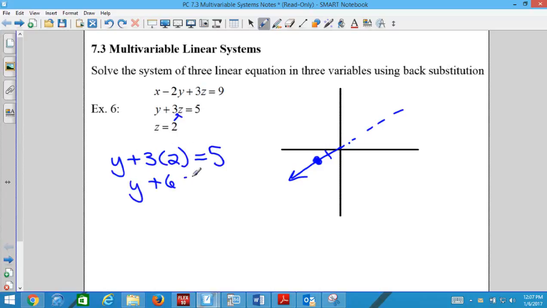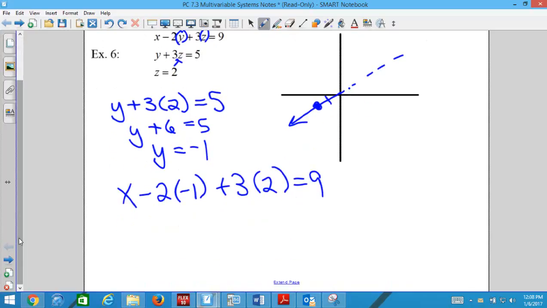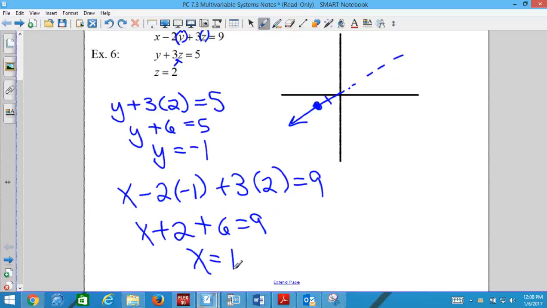So y plus 6 is 5, so y has to be -1. And if I already know that z is 2 and y is -1, I can plug those into the original top equation, for y and z. So I'll have x minus 2 times -1 plus 3 times 2 has to equal 9. X has to equal 1.